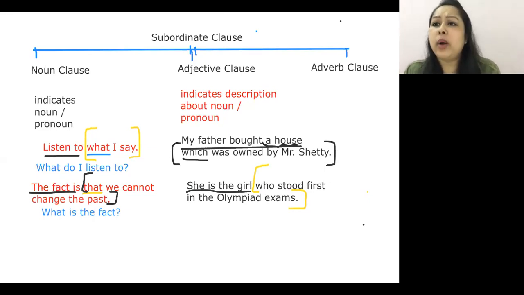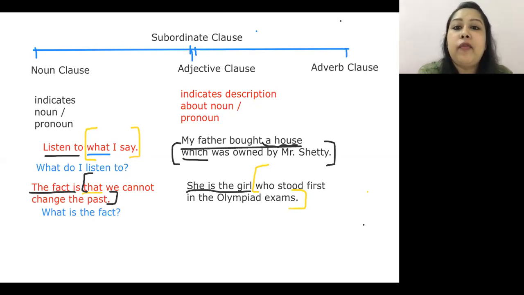So I'll give you one superb hint. Listen to me carefully. The hint is usually, see, I gave you the hint for noun clause as well. And what was the hint? We framed a WH question.